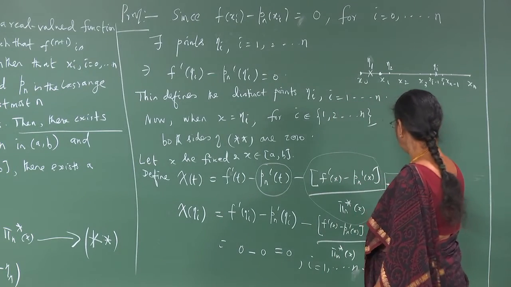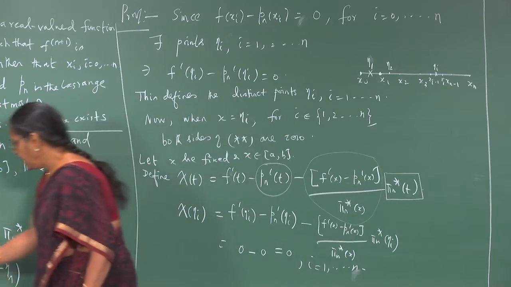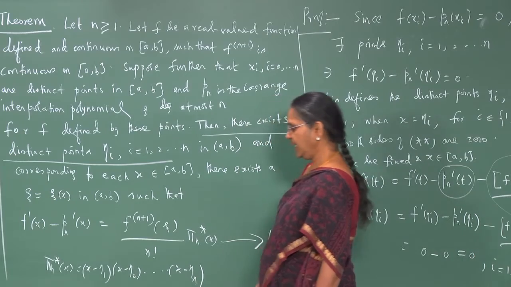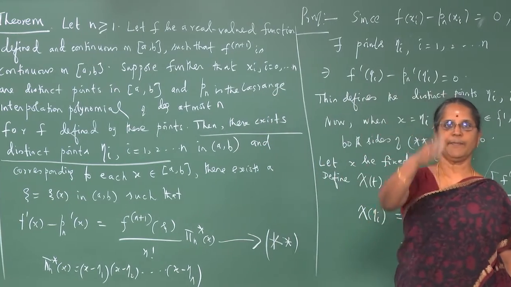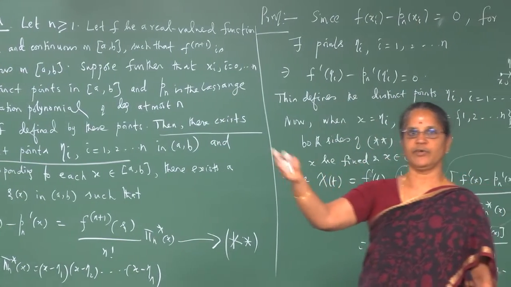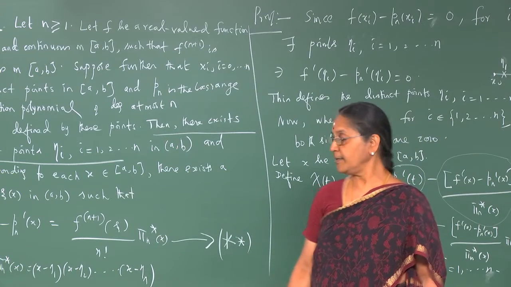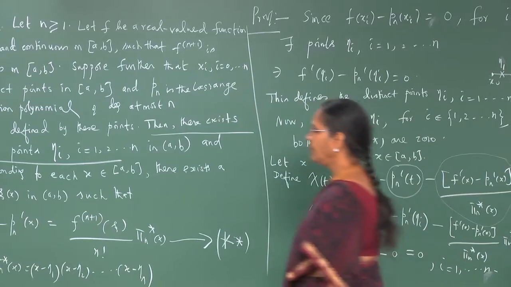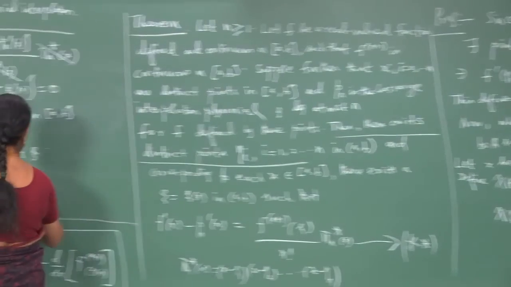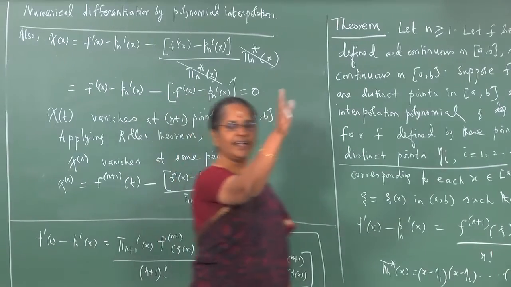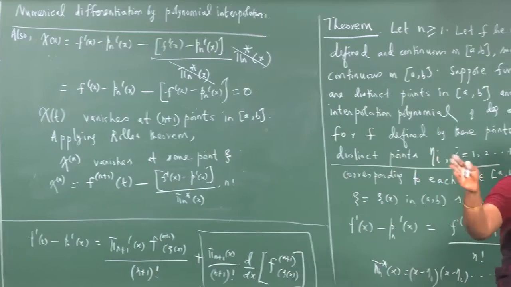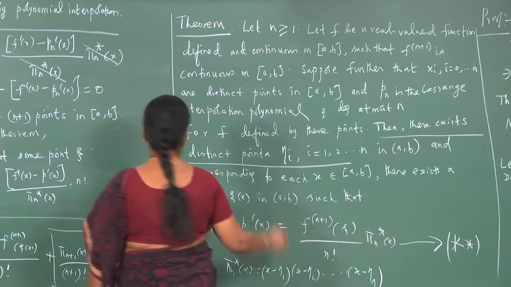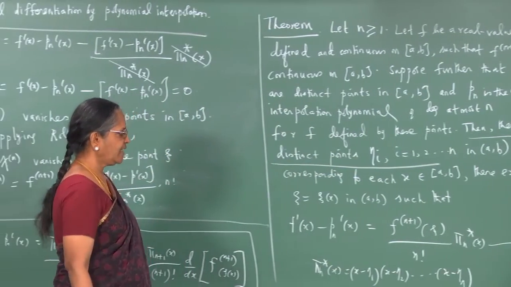So, what will be the nth derivative? Pi n star of t will be (t minus eta 1)(t minus eta 2) etc. (t minus eta n). So, it will be of the form t power n plus some coefficient into t power n minus 1 plus etc. So, when you take the nth derivative of the first term t power n, that will give you n factorial. Then the nth derivative of the next terms which appear there, they are all of degree less than n, and therefore, they will not contribute to the nth derivative.